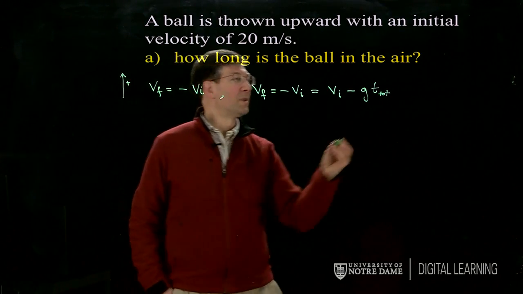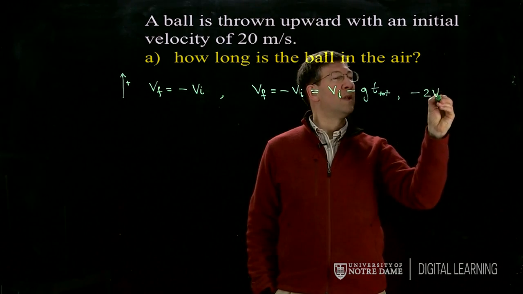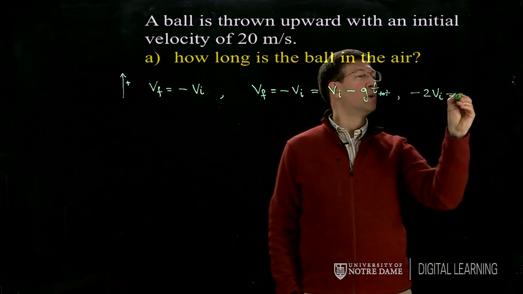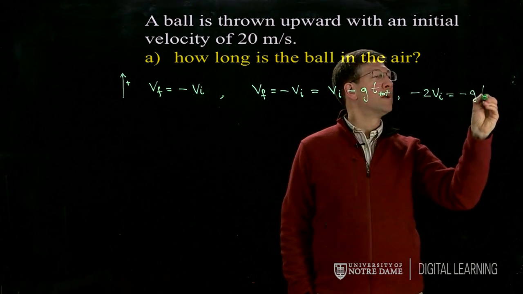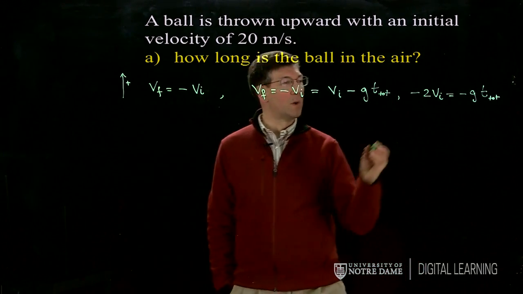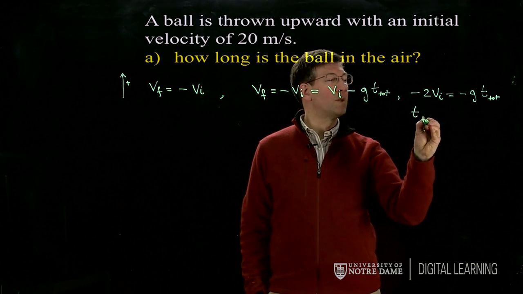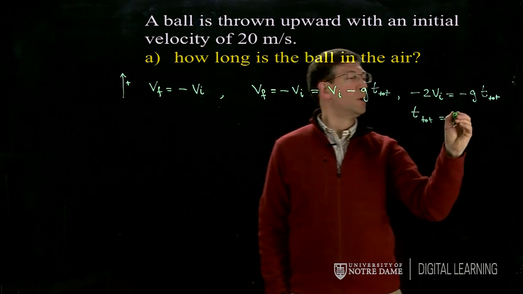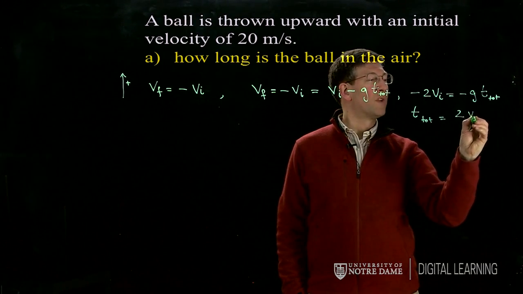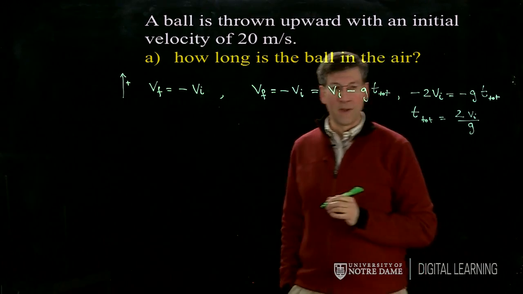If we solve this out, we see that minus 2 V initial is equal to minus g times the total time it takes for the projectile to fly. And so the total time, t total, is equal to 2 times the initial velocity divided by the acceleration due to gravity.